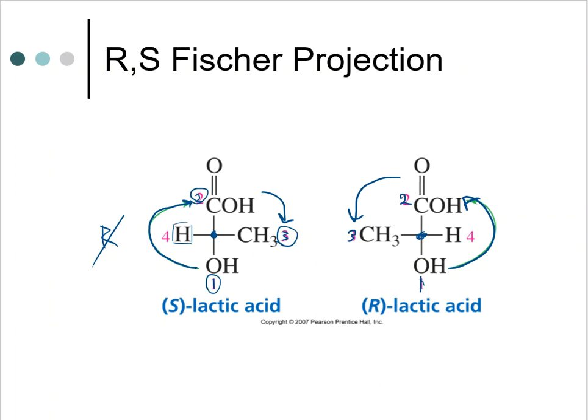That counterclockwise rotation means normally this would be an S. However, in this case, hydrogen is on a horizontal bond. I have to pick the opposite of. So it's not S, but it's R. And that is how they get the R and S designations for those Fischer projections where hydrogen is not at the top nor at the bottom. Okay?